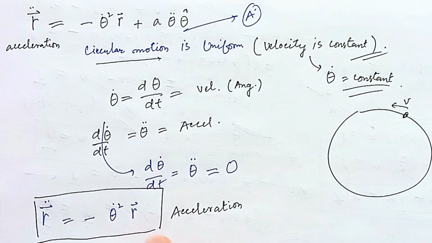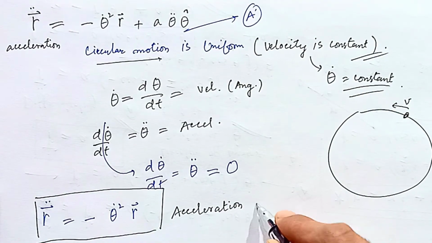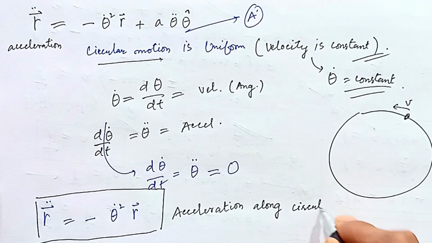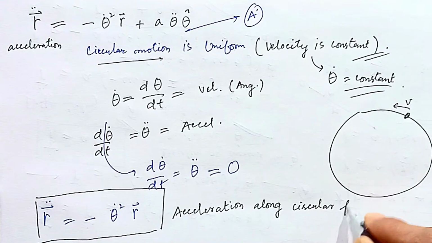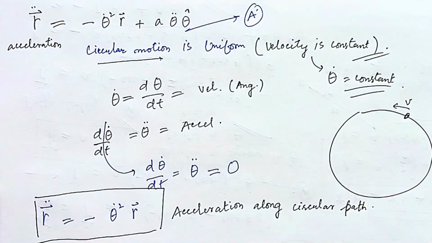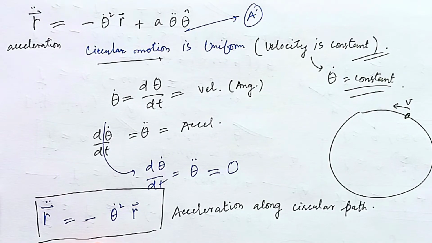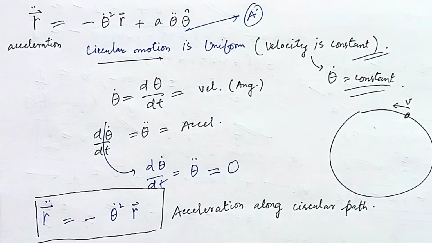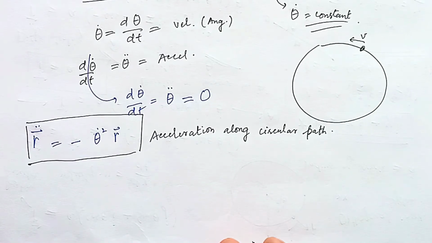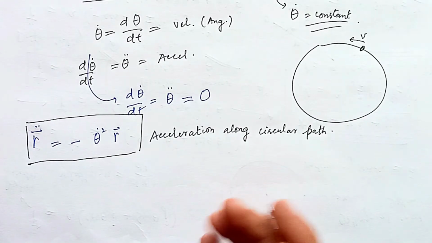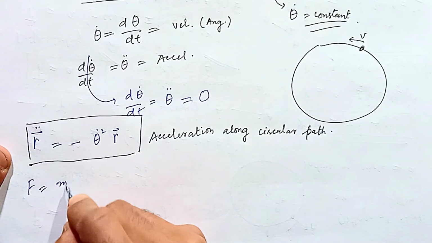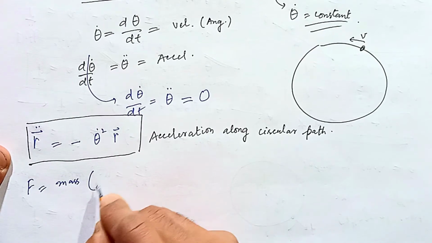This term gives the acceleration along the circular path even though the speed is uniform. This acceleration is caused by the force, and we know force is mass times acceleration.